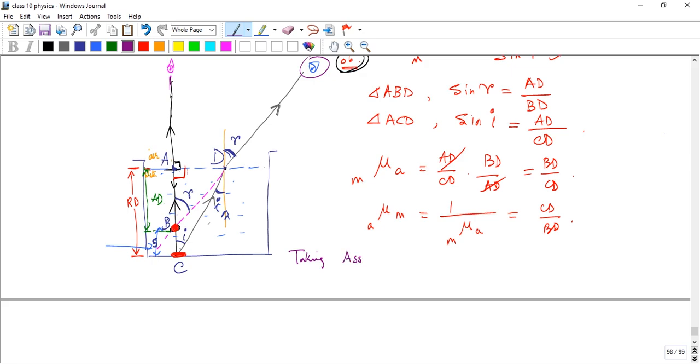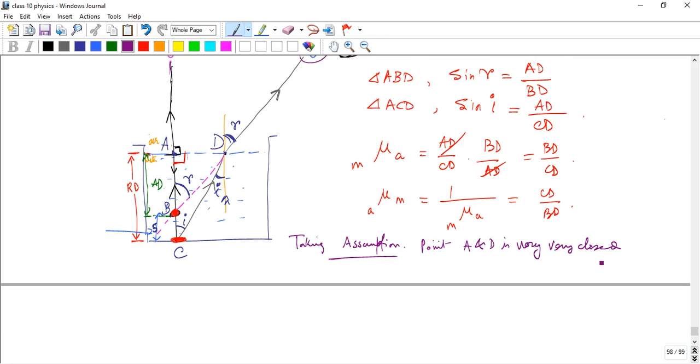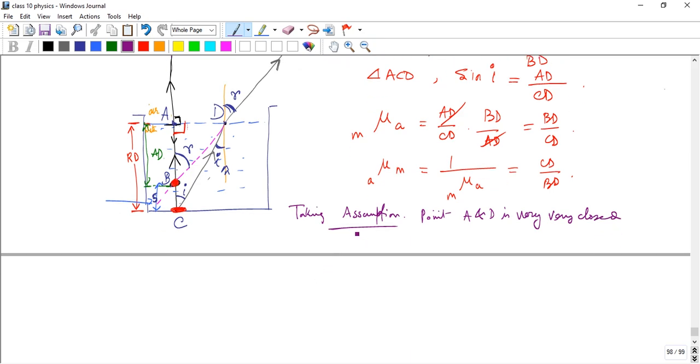Assumption: if points A and D are very close, AD is almost negligible.